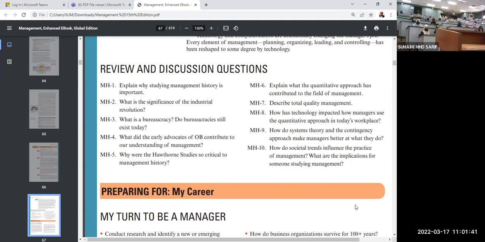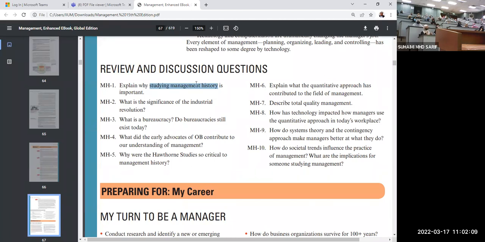Number 3, and then you need to analyze. What does it mean? Analyze. If this question asks you, studying management history is important. So now in the textbook, they always tell you the reason for studying management history, right? But now you want to tell people why this is important.